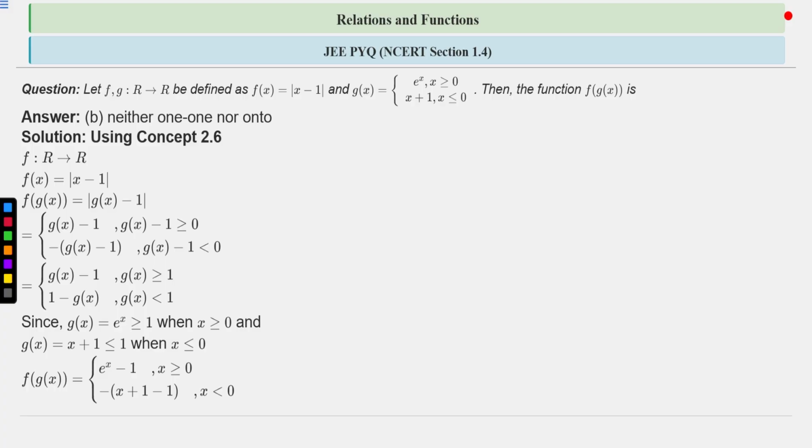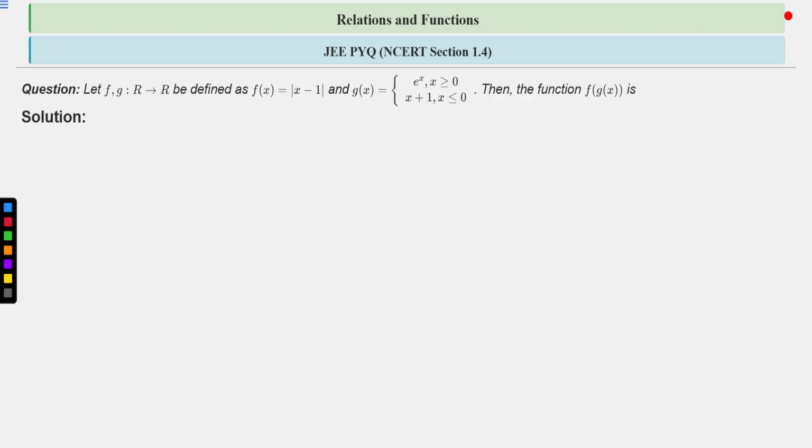So f of g(x) will be equal to e to the power x minus 1 when x is greater than or equal to 0, and minus of x plus 1 minus 1 when x is less than 0. So f of g(x) will be e^x minus 1 when x is greater than or equal to 0, and minus x when x is less than 0.